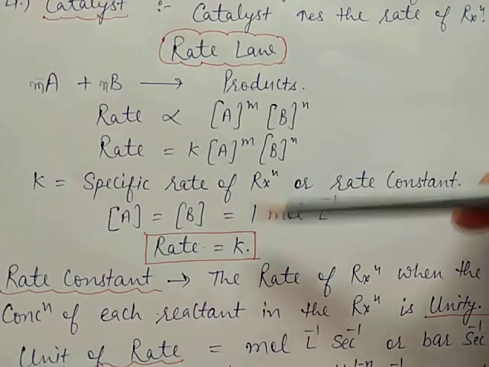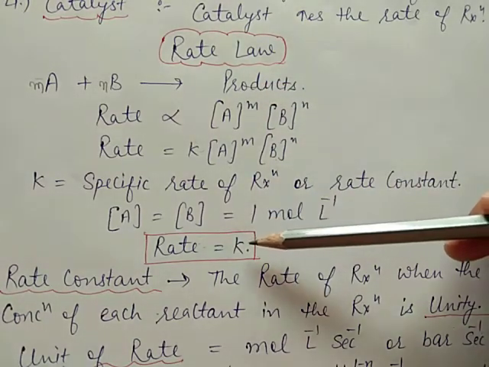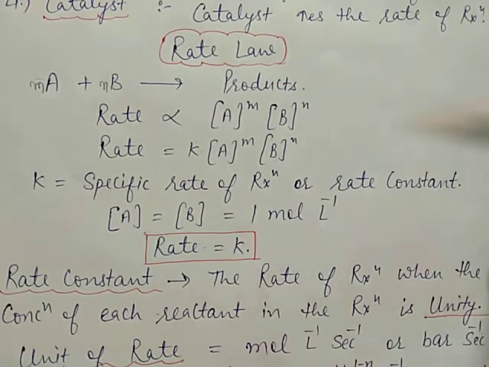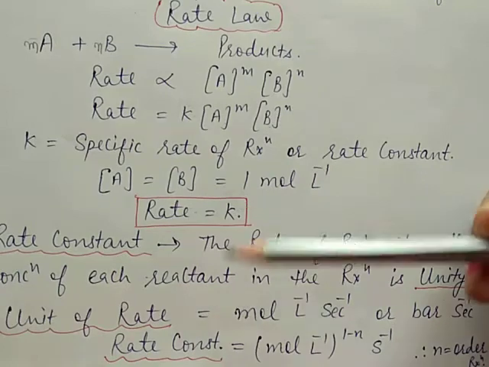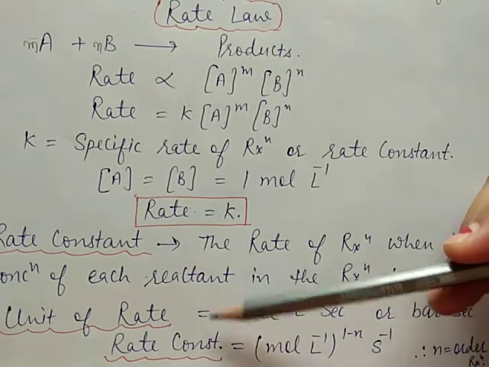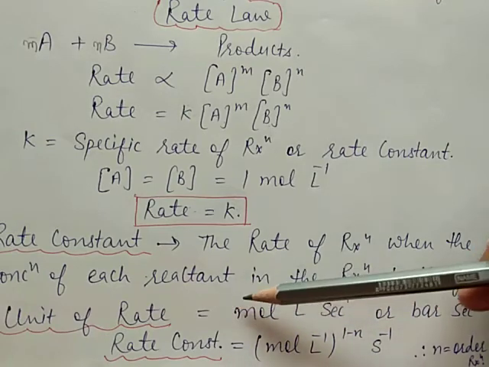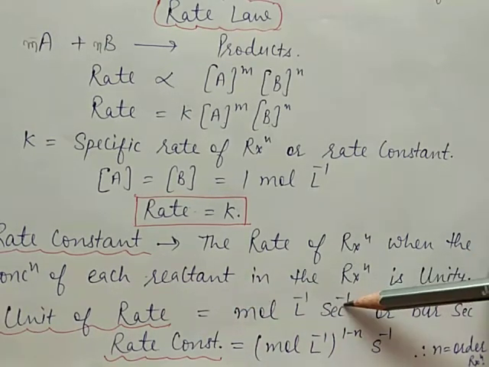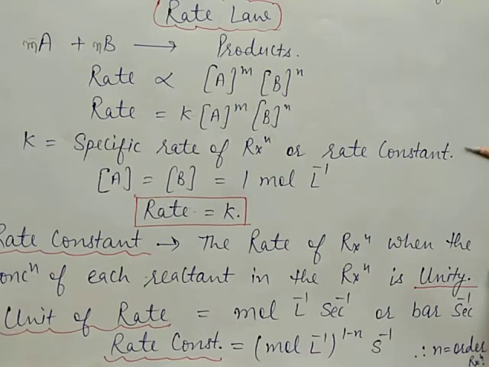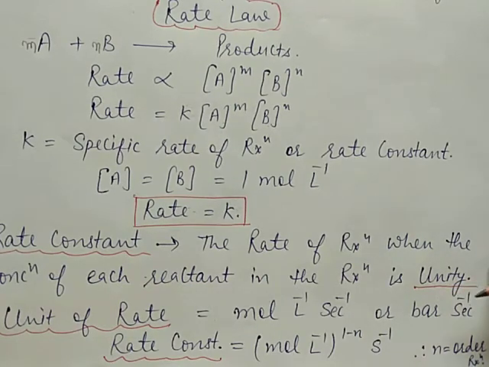And what is the unit of rate and rate constant? What is the difference between them? Rate is equal to concentration by time. Concentration unit is mole per liter, divided by time means second inverse, or you can say per second.